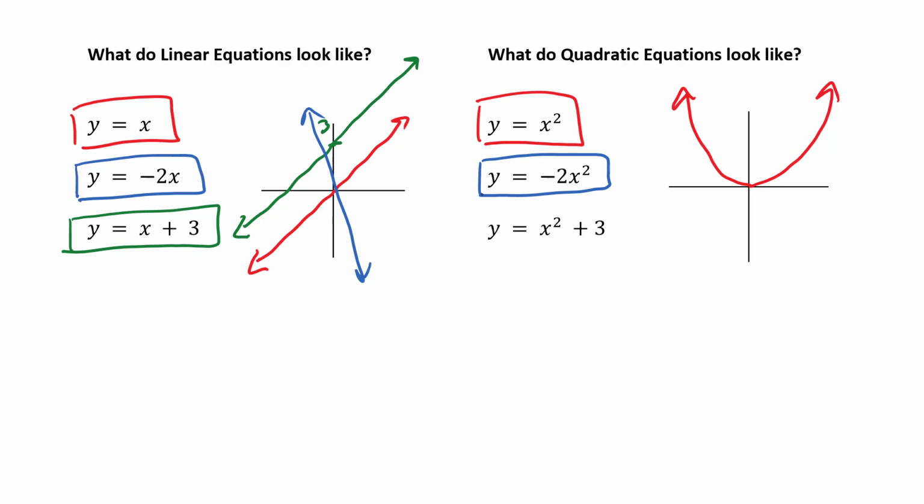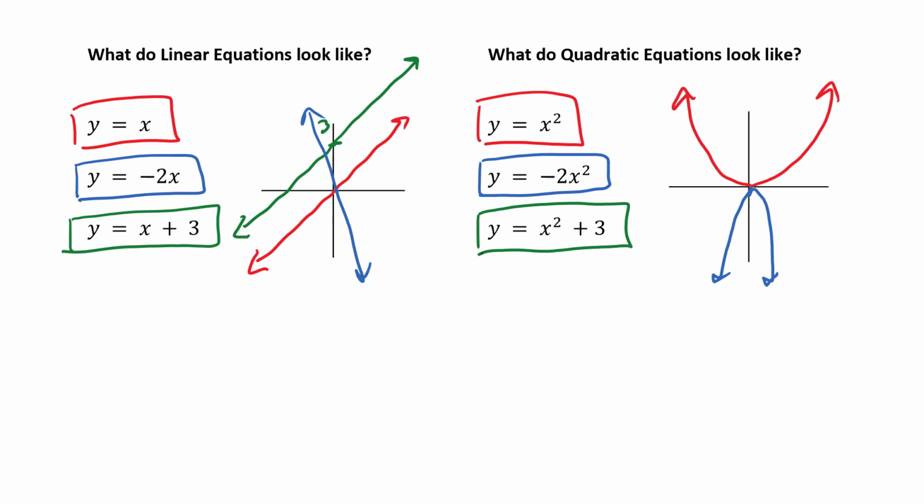What does that do? Well, it flips that curve upside down, and it makes it twice as steep. So now it's going to look something like that. Once again, there will still be one x-intercept here at the origin, (0, 0).